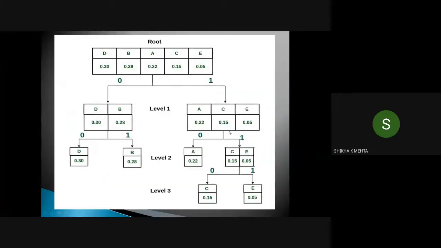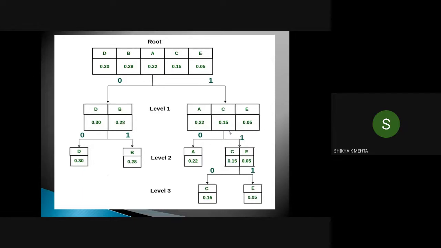Similarly, in the left child we have only two nodes, so we just split the two characters: the left is assigned 0 and the right is assigned 1. On the right-hand side, we have three characters. A is 0.22.